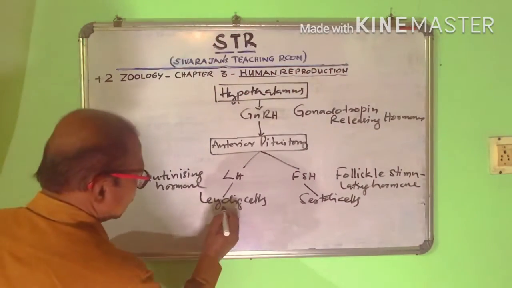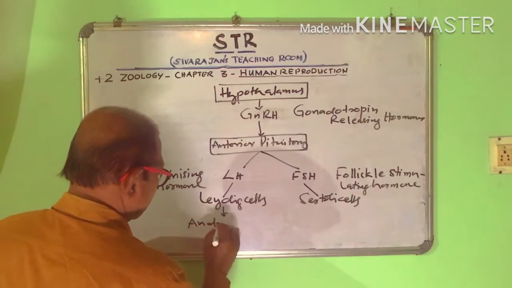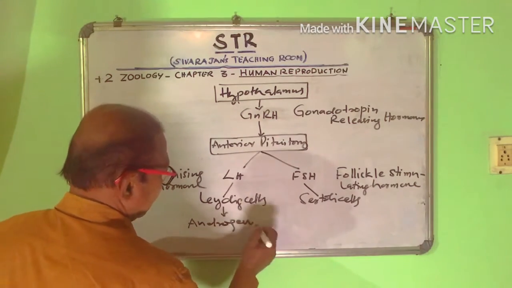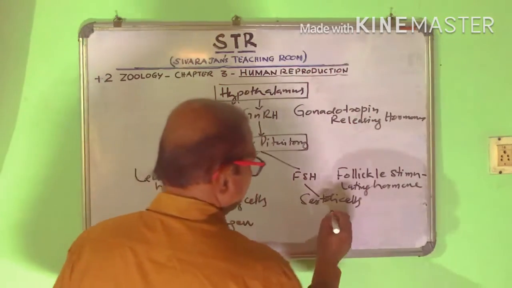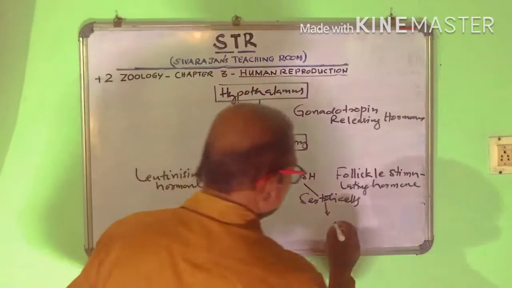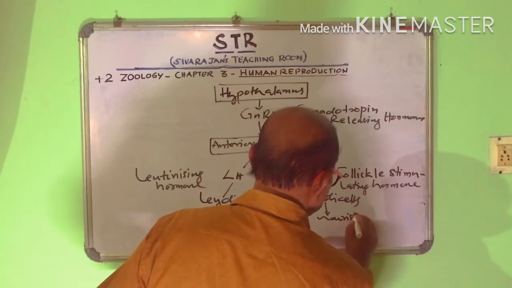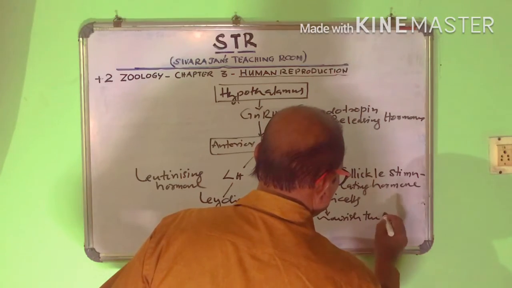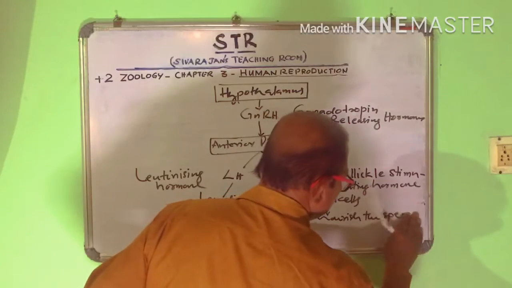Leydig cells produce androgens. Sertoli cells nourish the sperm or spermatids.